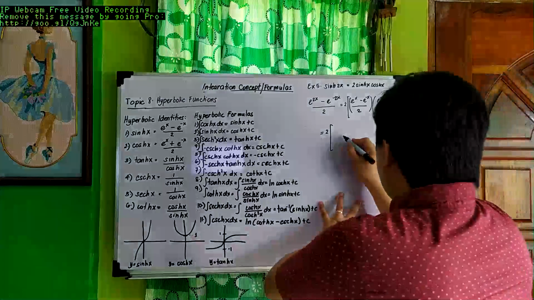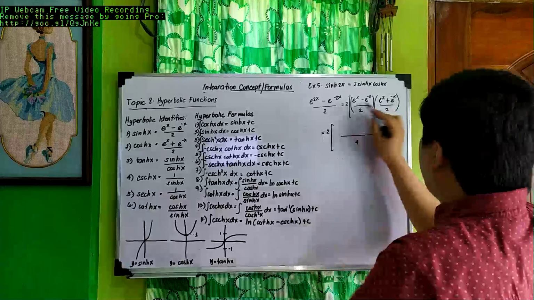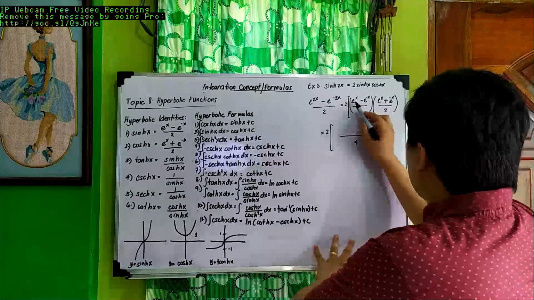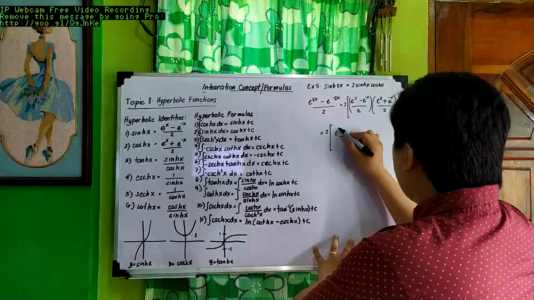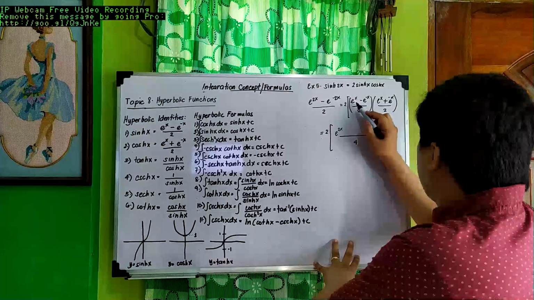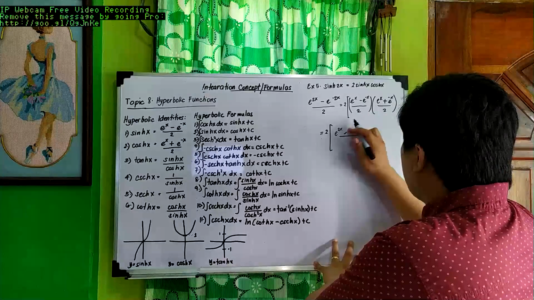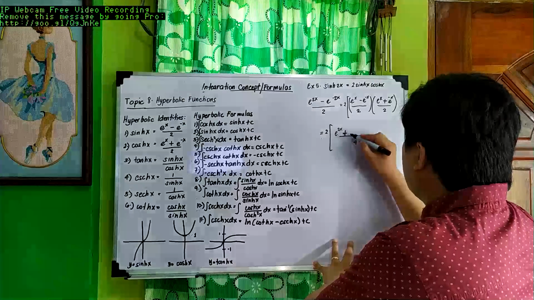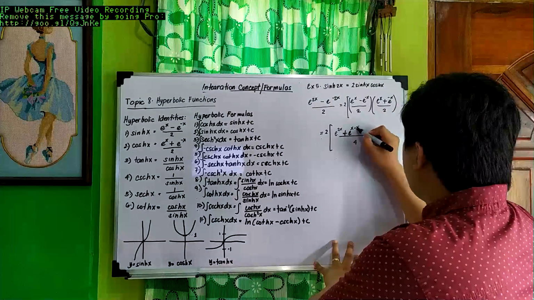So here we have 2 times 2, we have 4. So we multiply this one. Distribute this one, e raised to the power of x times e raised to the power of x. You have e raised to the power of 2x. E raised to the power of x multiplied by e raised to the power of negative x, that is plus e raised to the power of x minus x, right?